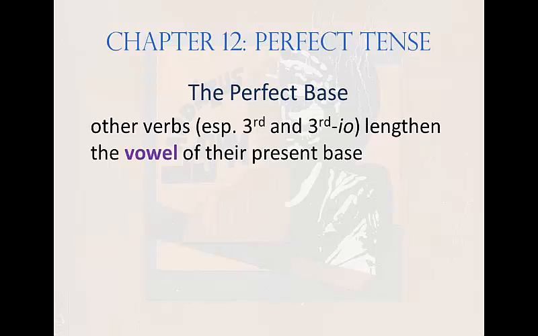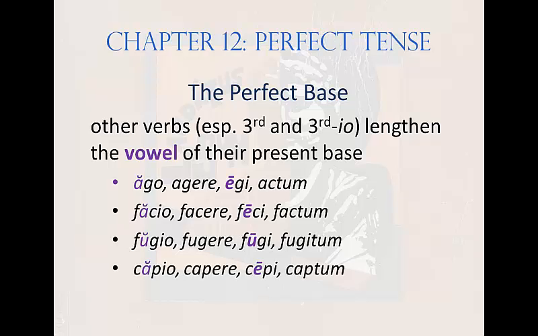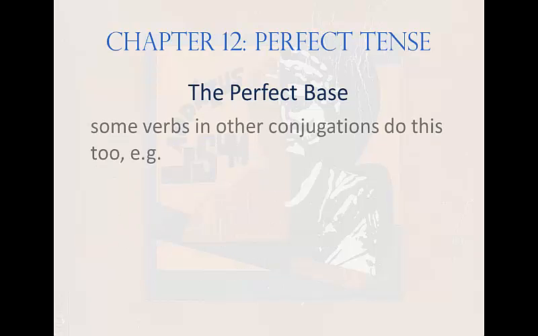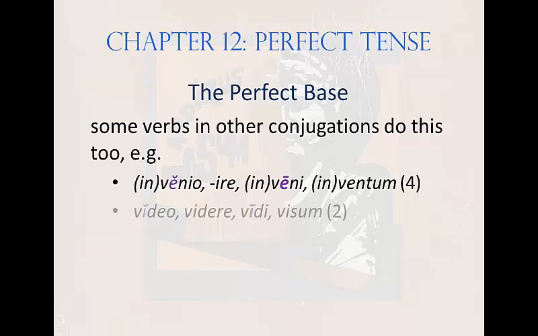Other verbs, and especially those which are third and third IO conjugation, lengthen the vowel of their present base to form their perfect base, such as ago, agere, egi, actum, facio, facere, feci, factum, fugio, fugere, fugi, fugitum, and capio, capere, cepi, captum.